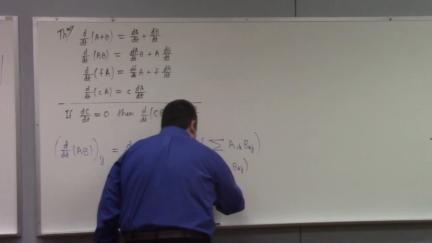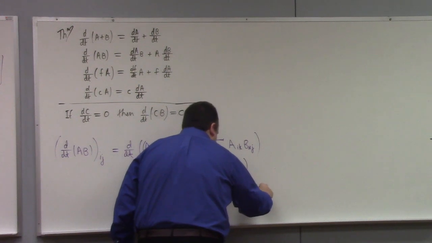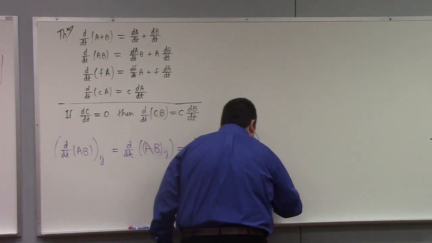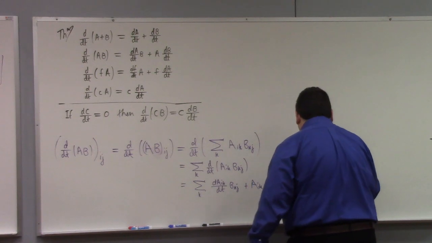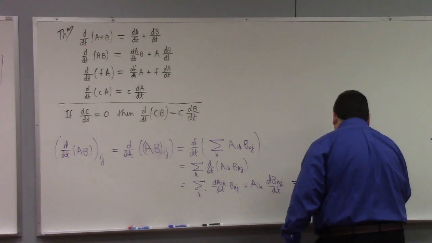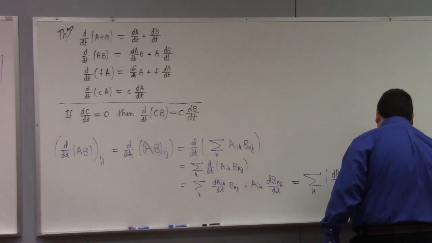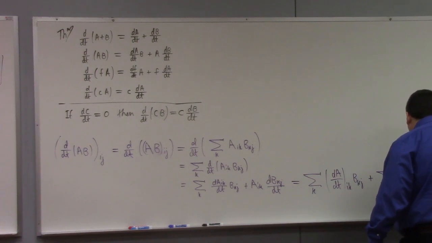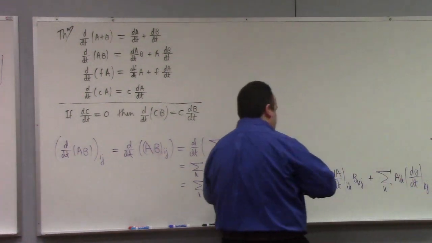We get d(aik)/dt bkj plus aik d(bkj)/dt, which, by the way, is the sum over k of the ikth component of dA/dt times the kjth component of B, plus the sum over k of aik times the kjth component of dB/dt, where again I used properties of the sum to break it up.